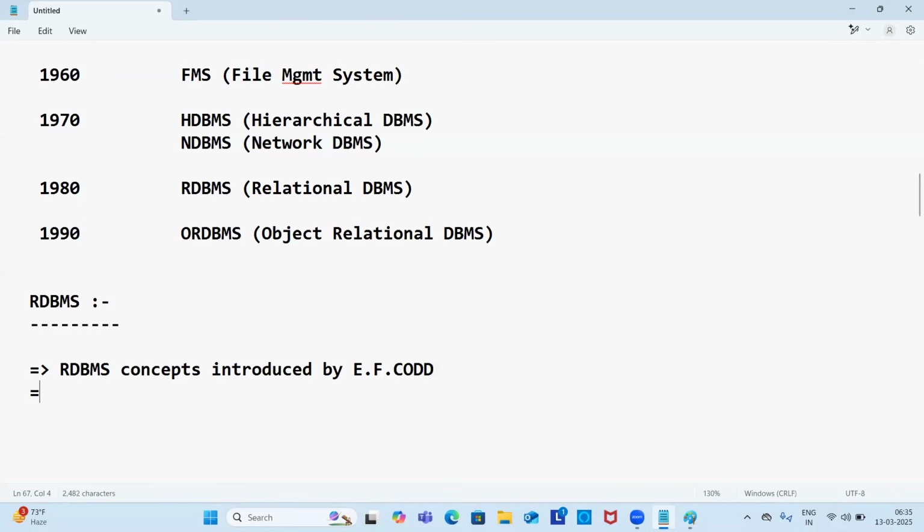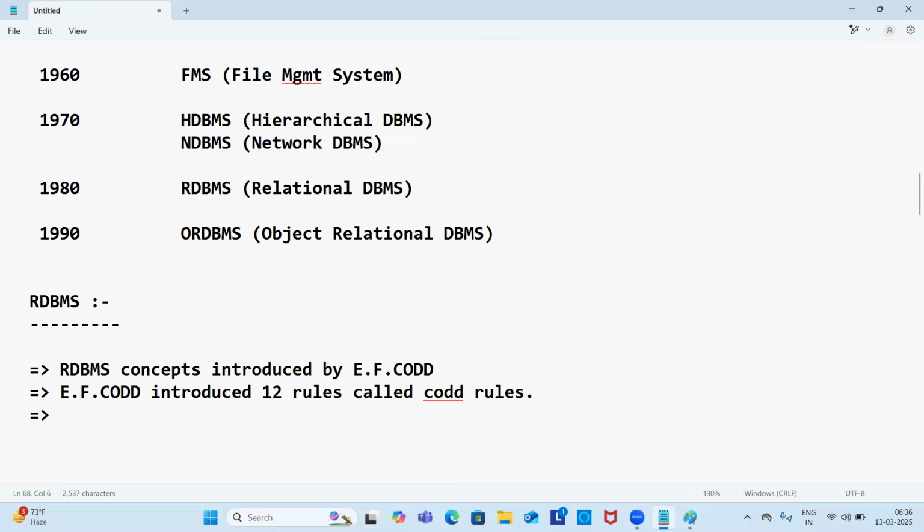He introduced the RDBMS concept, and he introduced some rules. He introduced RDBMS with 12 rules. They're called Codd rules.